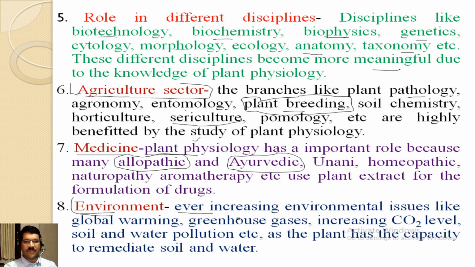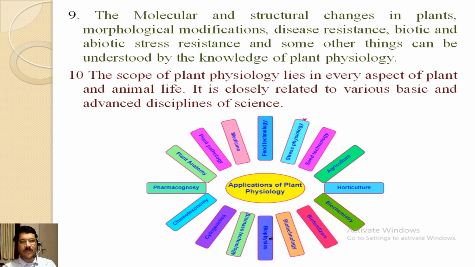As you know, as a simple concept, if there are many healthy plants, they will increase the quantity of oxygen in the atmosphere and minimize the CO2 level, because that CO2 is utilized in the process of photosynthesis. To understand the process of photosynthesis and respiration, we have to go for the study of plant physiology. So in the environment also, physiology plays a very important role.